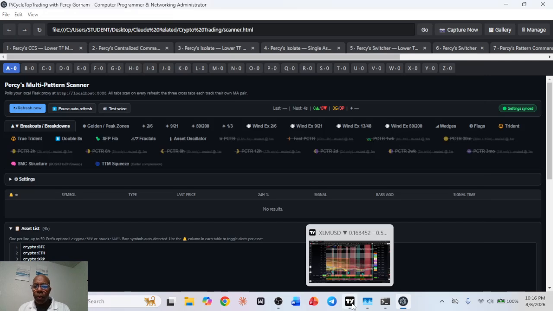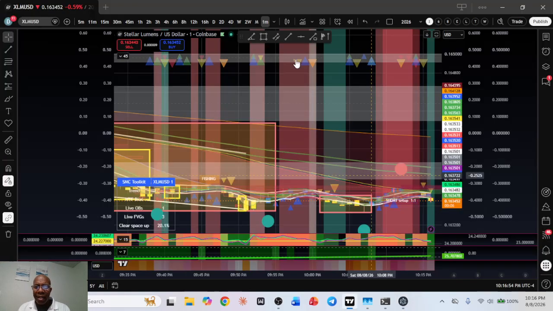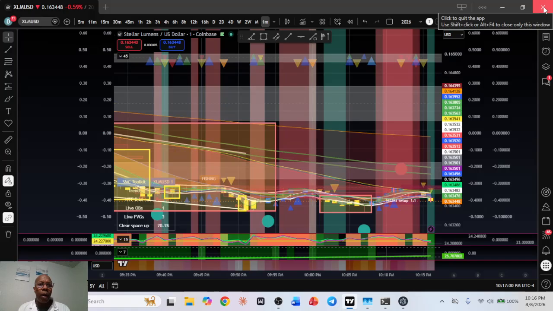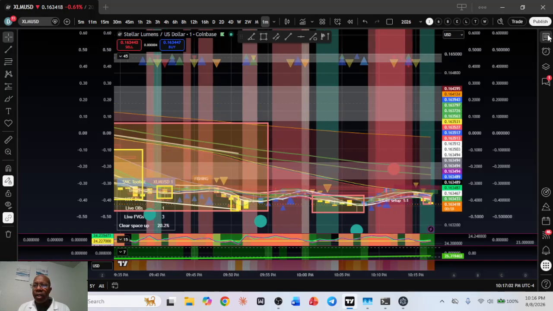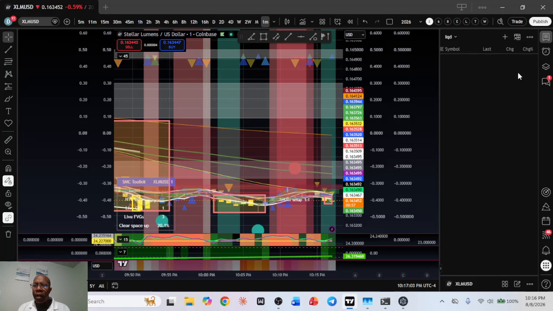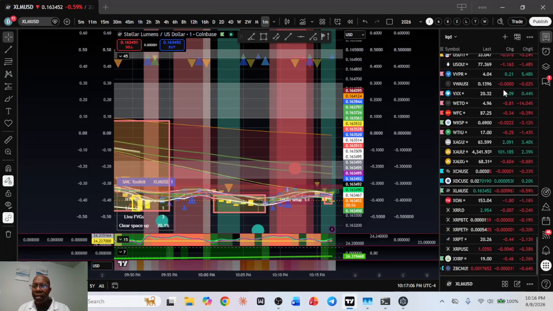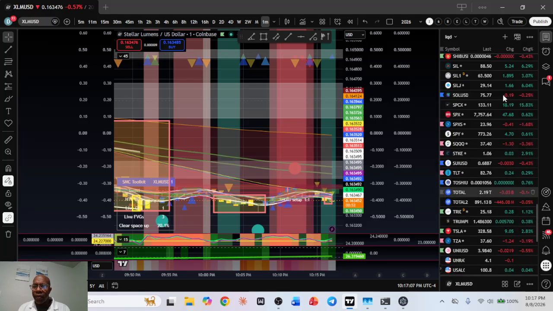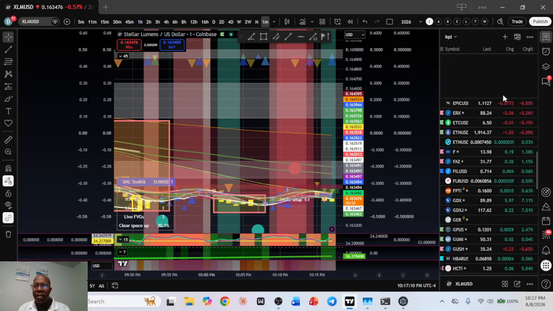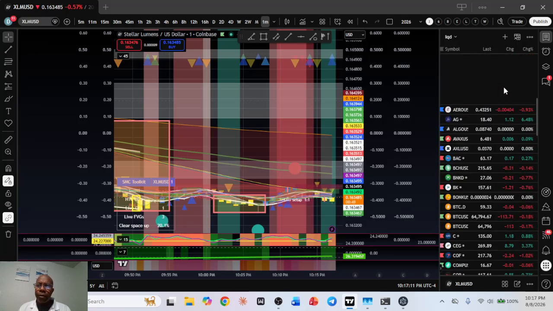So I'm going to close this here because you understand the computer can call out things that are causing me to scan up to 45 assets, right? 45 assets, whatever I so choose on the particular time frame, looking for up to 21 key things.